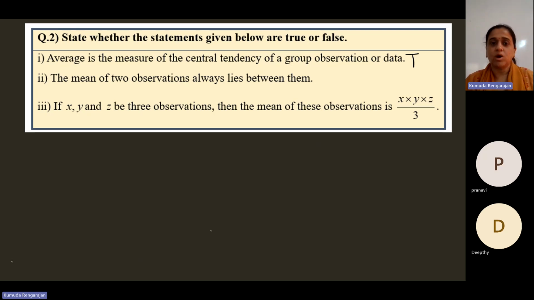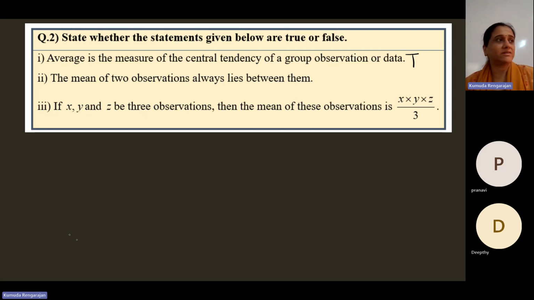It's the measure of the central tendency. All the values of the data tend to fall around a central point. That is what we call average. So average is the measure of the central tendency.